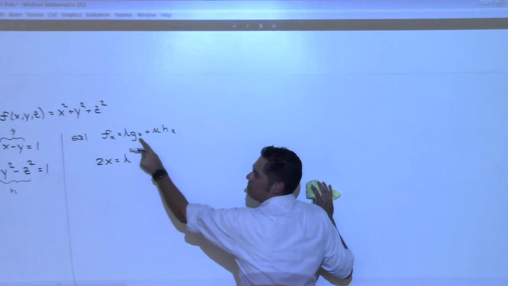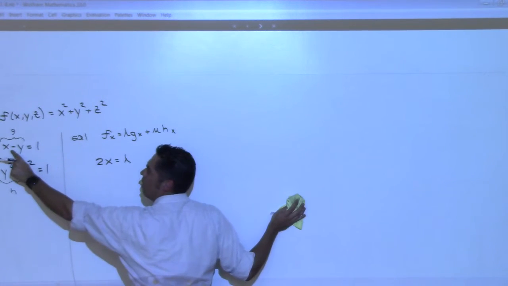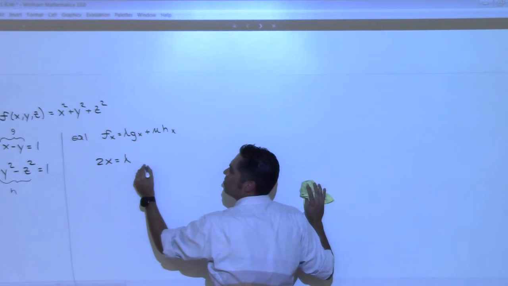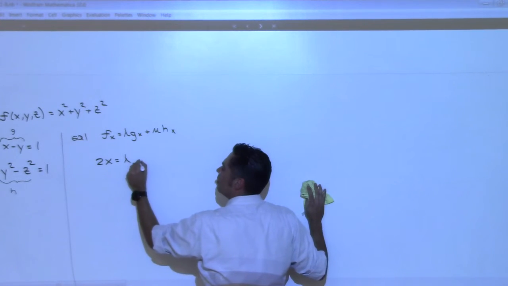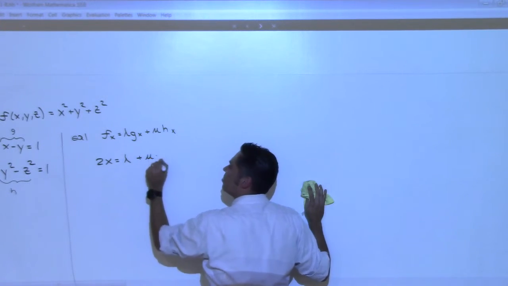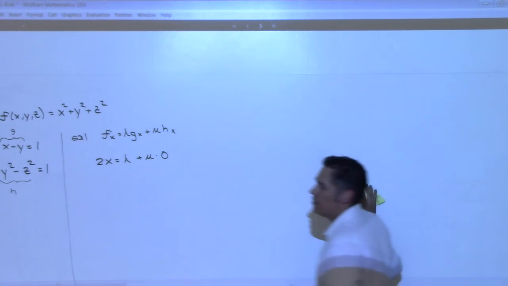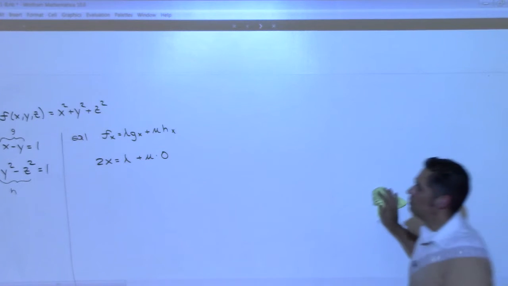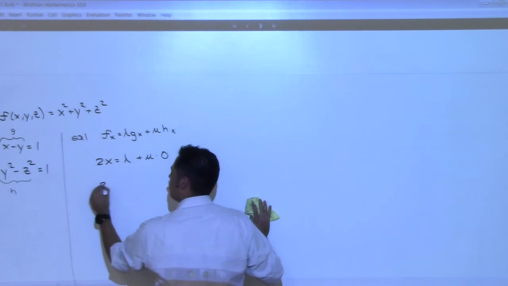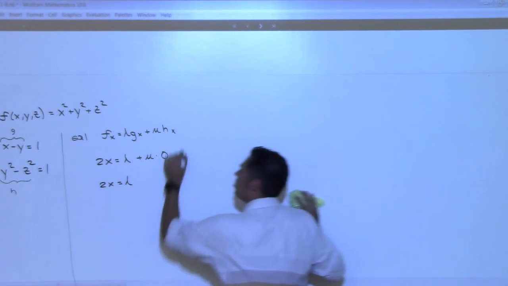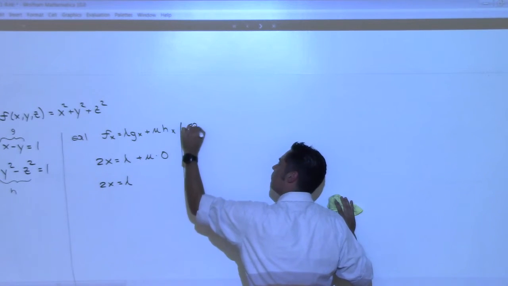We're doing g with respect to x, so 1, and then plus mu times h with respect to x, and there is no x there, so 0. So we're not going to have anything there. So basically, this is just 2x equals lambda. Isn't that nice?